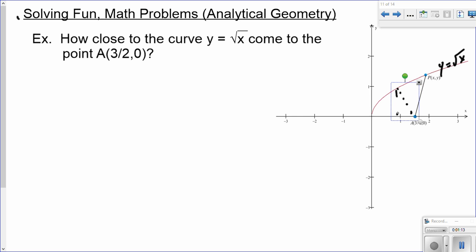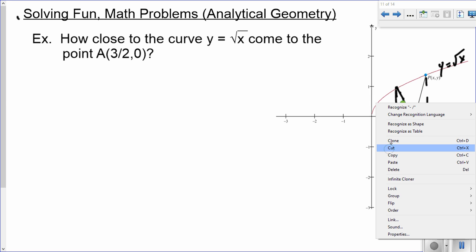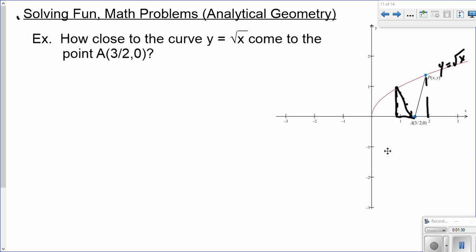And this minimum distance is going to be found by making a triangle here. At any point, there's always a triangle made. So we're trying to minimize the hypotenuse of the triangle, right?